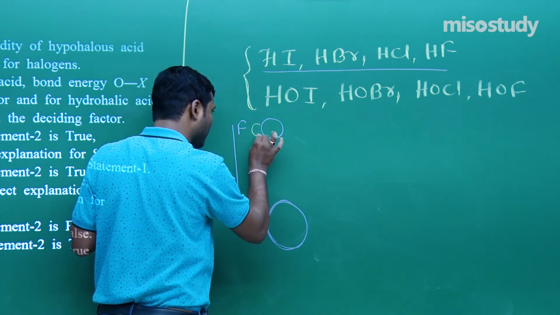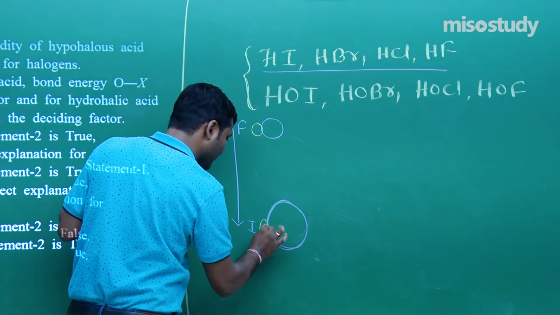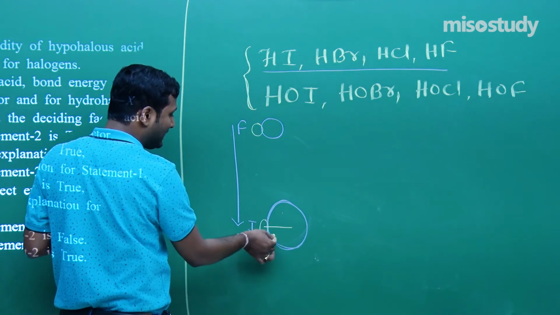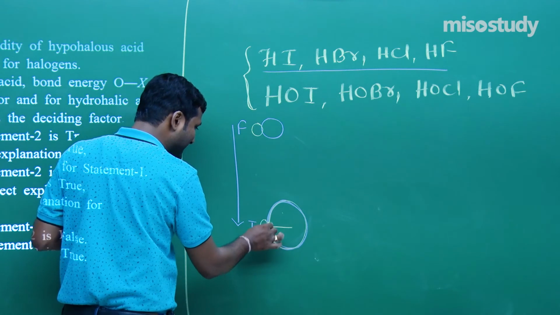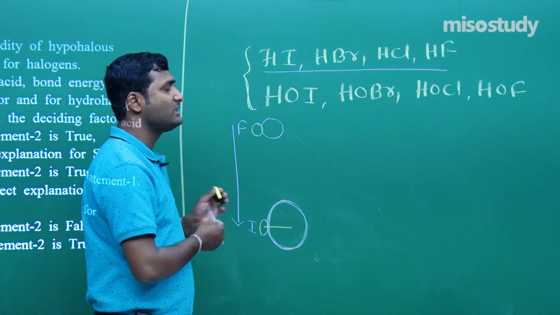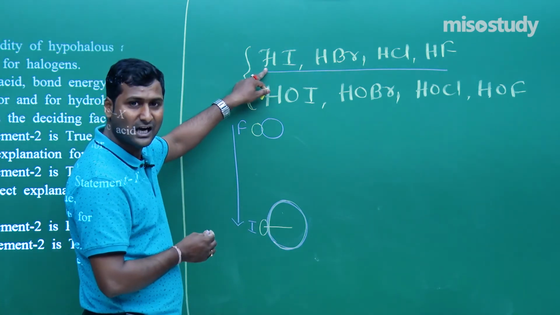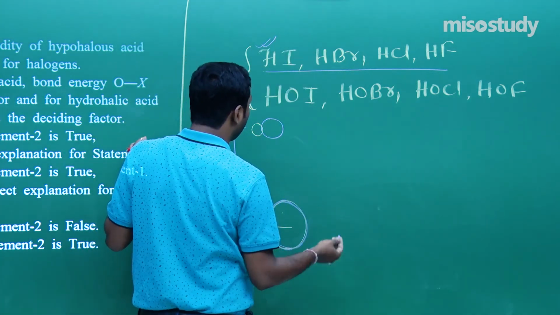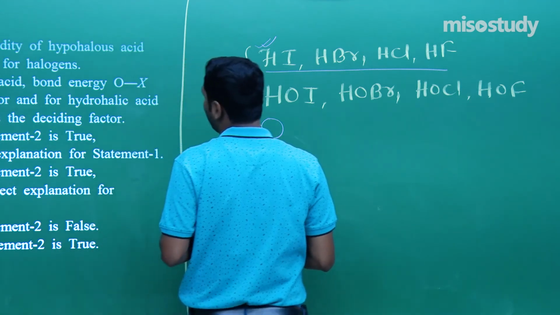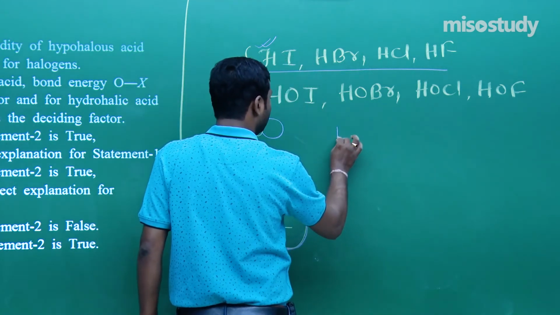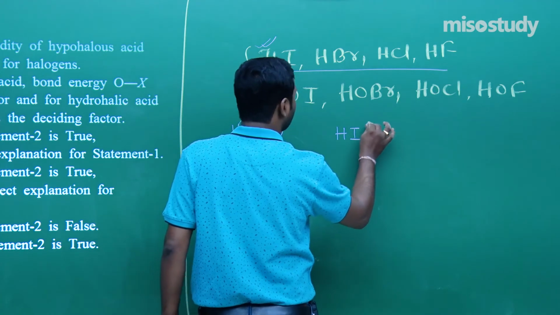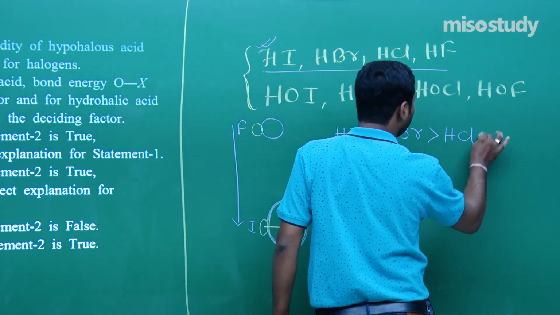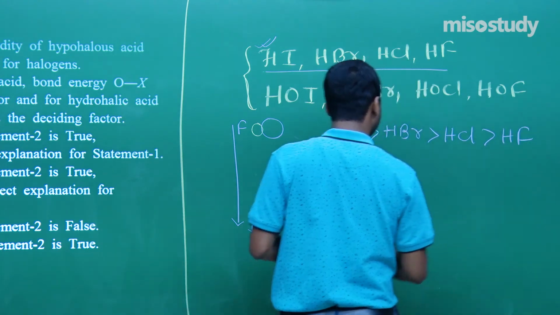So if I add hydrogen here, what will happen? In the case of HI, the bigger size means the bond can be broken easily, and release of H is very easy. If there is a strong tendency to release a hydrogen H plus ion, it will have more acidic character. So the order is HI, then HBr, then HCl, and then HF. Clear to you? This is the order.